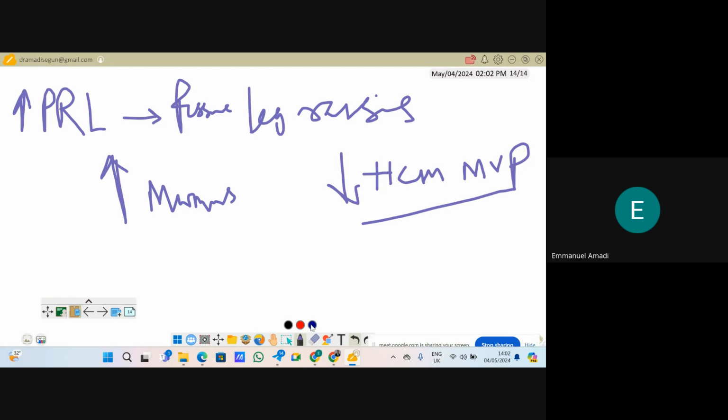Now, what are those things that can reduce your preload? The most common one is the Valsalva maneuver. You can do Valsalva. Just tell the patient to strain. Whenever you strain, that is a Valsalva maneuver. That will definitely cut down the venous return that is coming back to the heart.